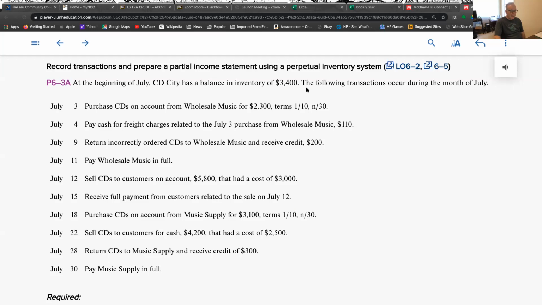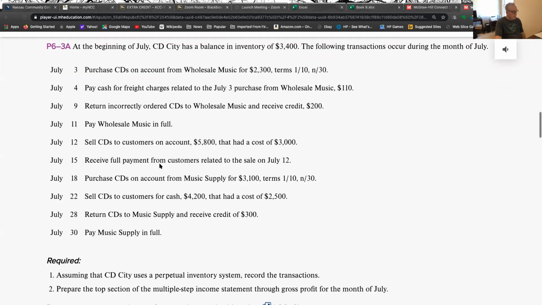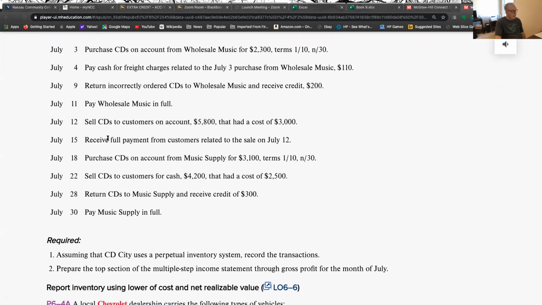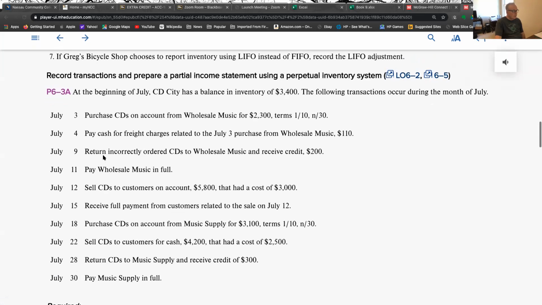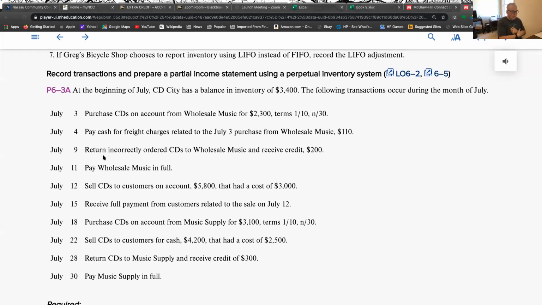The following transactions occurred during the month of July. We can see here the kind of things they do. They purchase CDs, they pay freight, they return CDs, they pay for the CDs, they sell some, they get paid, they purchase some more, they sell some more. So you get the idea. Imagine you had your own little store. What are the kind of things that would happen on a day-to-day basis?